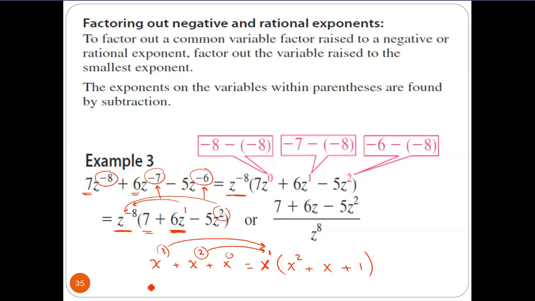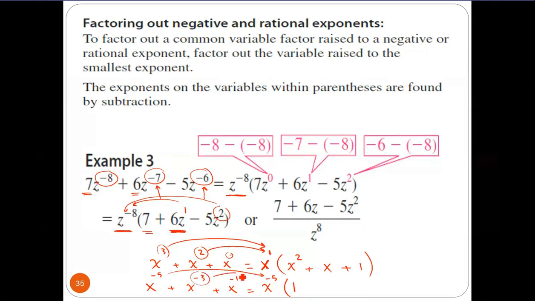So if we take a negative example, another example: x to the power negative 5 plus x to the power negative 3 plus x to the power negative 1. We must take a common factor, negative 5, the least exponent. Now negative 5 minus negative 5 gives x to the power 0, therefore 1.